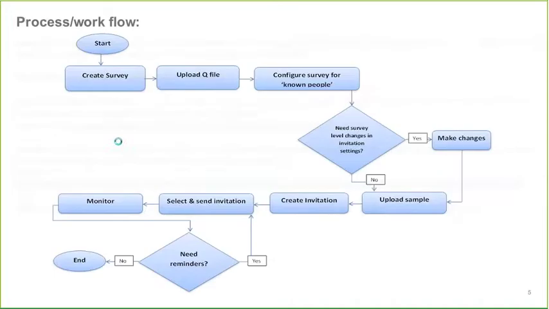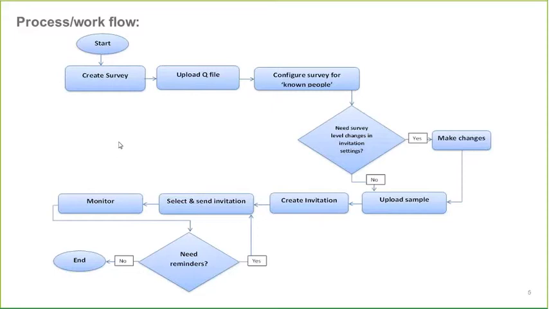Let's go to the next slide and try to understand the process or the steps involved in the creation of an email invitation. The process flow here defines the steps to set up invitations in Nfield Online.